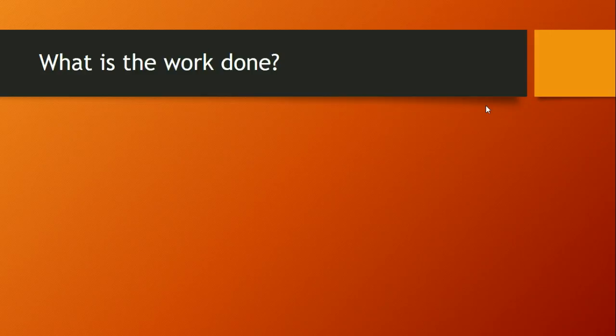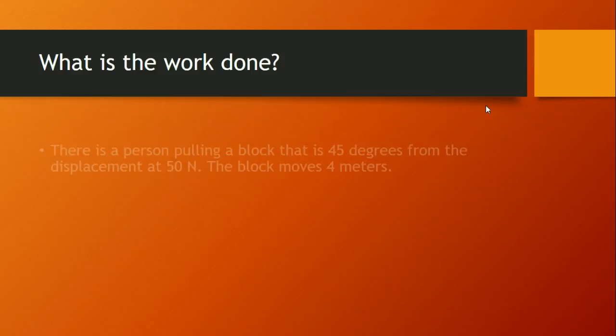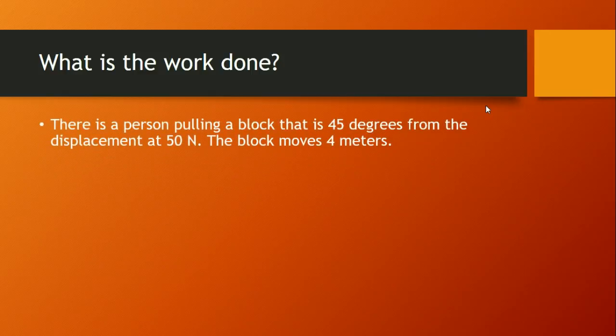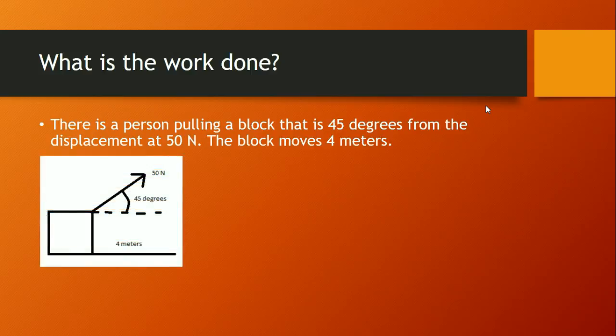Okay, so here we have a typical problem where we have to calculate work. A person is pulling a block 45 degrees from the displacement at 50 newtons. The block moves 5 meters. So before solving these problems, it's pretty helpful to draw a picture of the scenario. So here we have a picture. This is what I imagine.